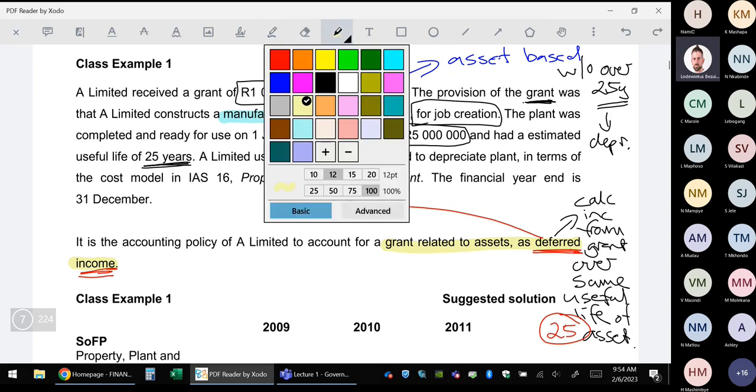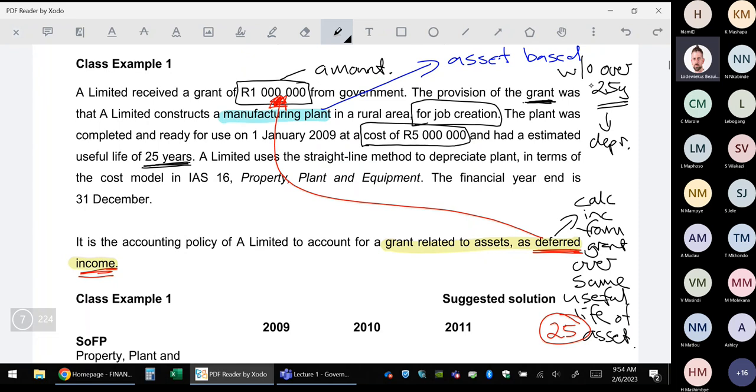So it's important that you read how we account for the grant. Is it asset-based or income-based? If it's asset-based, do we show it as deferred income or deduction of the cost of the asset?